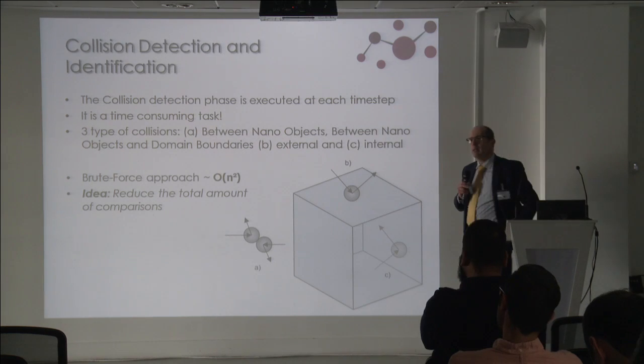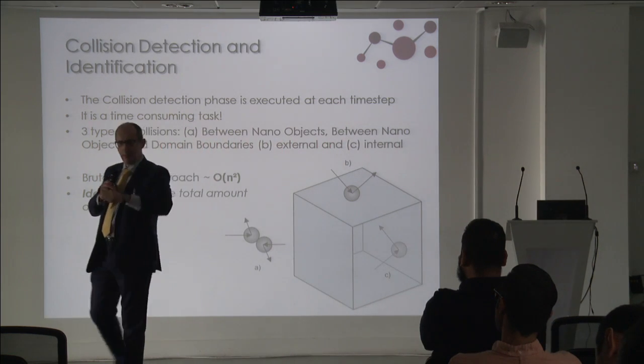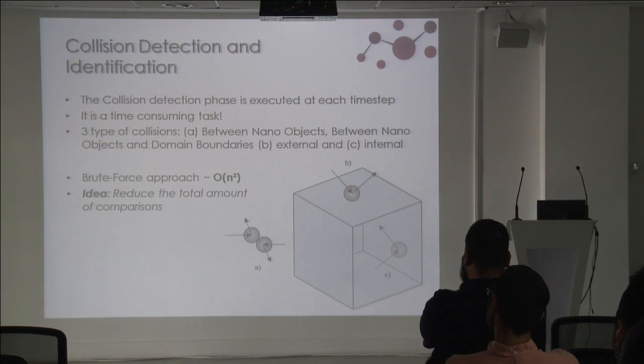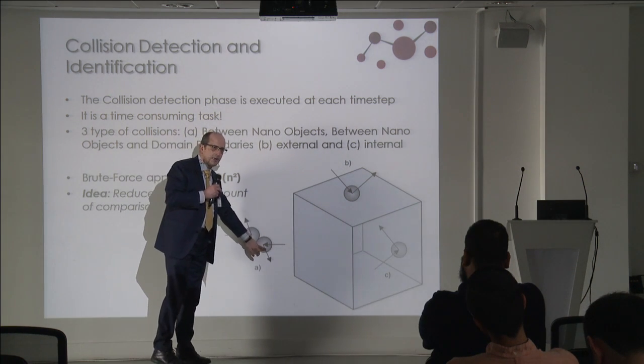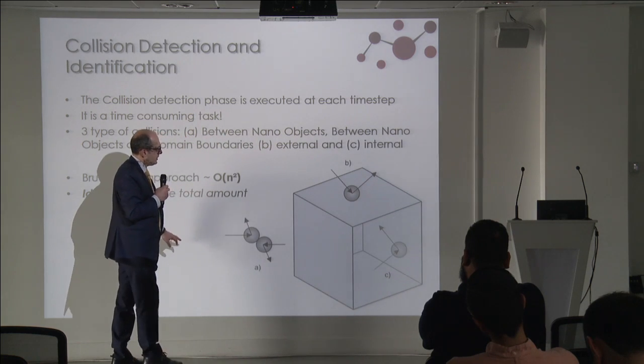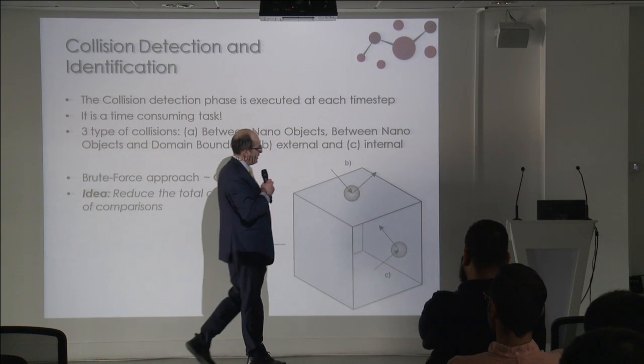Now, let's give a closer look to collisions. As I mentioned before, we can have two types of collision: a collision between two nanoparticles, and a collision between a nanoparticle and the boundary of the domain.